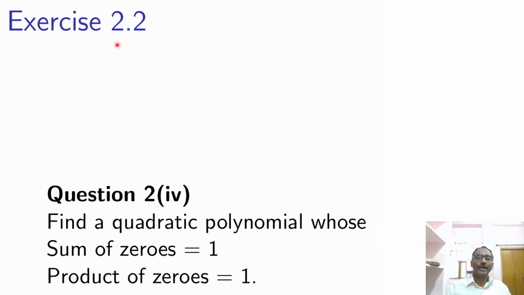Now exercise 2.2, question number 2, fourth bit. Find a quadratic polynomial whose sum of zeros is 1 and product of zeros is 1. Can you say the formula once again? x square minus of alpha plus beta times x plus alpha beta. Simply you can say x square minus sx plus p, where s is the sum of zeros and p is the product of zeros.